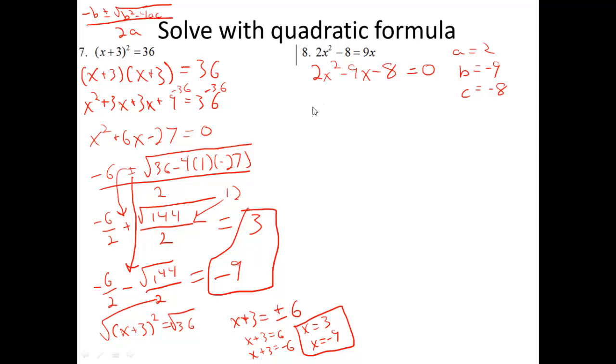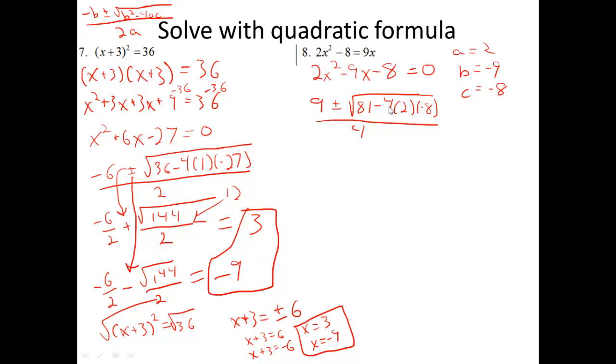And we plug it into our formula. So negative 9, the negative of a negative 9 is positive, plus or minus the square root of b squared, which is 81, minus 4ac, minus 4 times 2 times negative 8, all over 4.